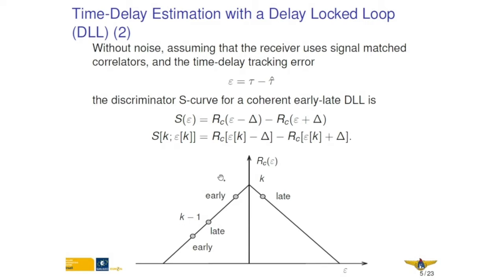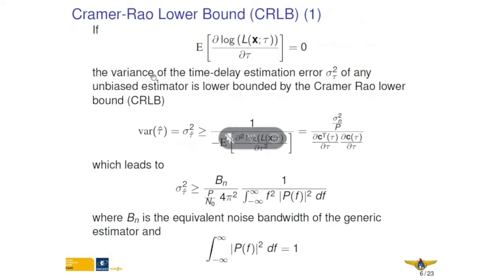We can also calculate a lower bound for the variance of the estimator. If the expectation of the derivative of the log likelihood is 0, this means that there's no bias, and the variance of the time delay estimation error, sigma tau square, of any unbiased estimator can be given by this lower bound here.